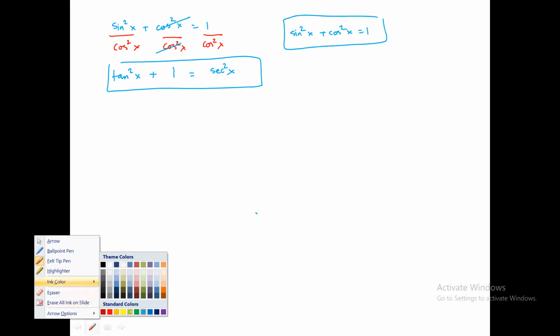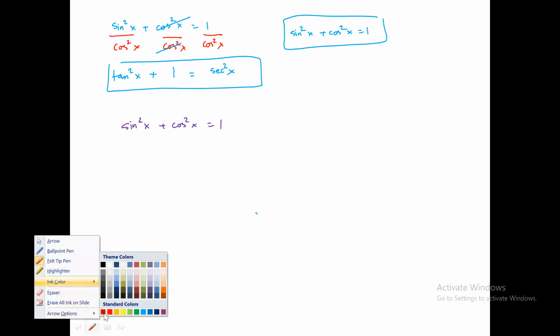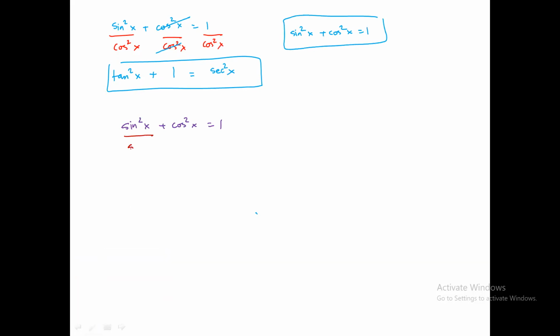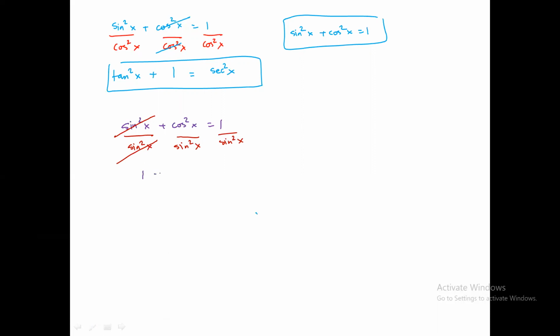Similarly, we can get one more formula. So now I will use again sin square x plus cos square x equal to 1. But this time I will divide everywhere by sin square x. So sin square x and sin square x will cancel. And then I will have 1.